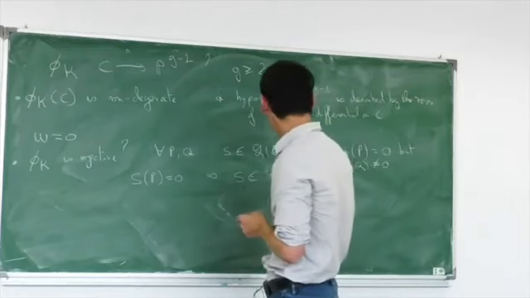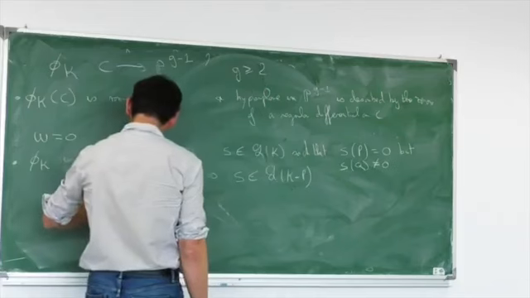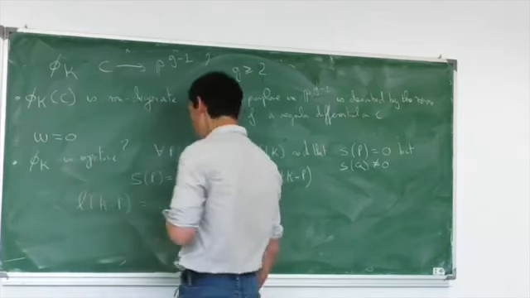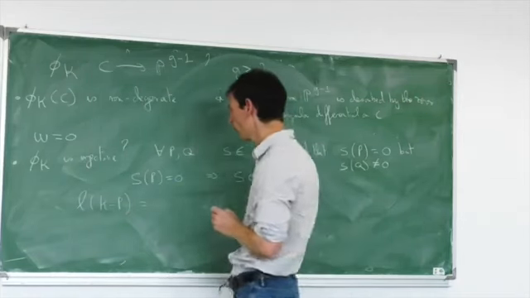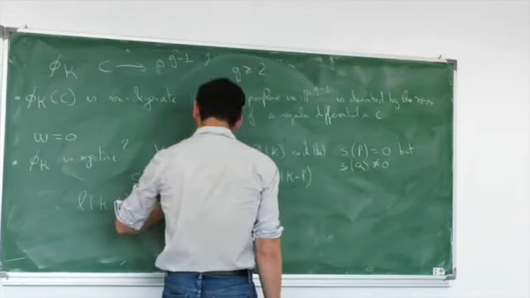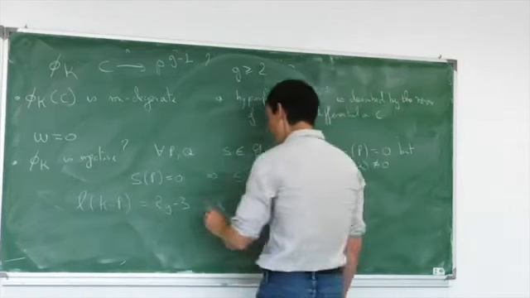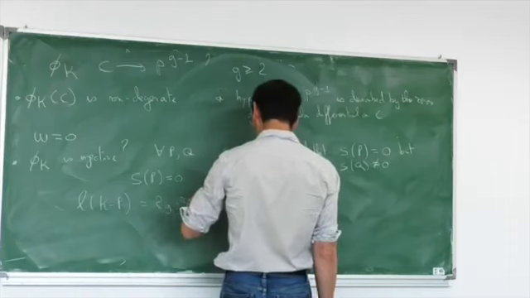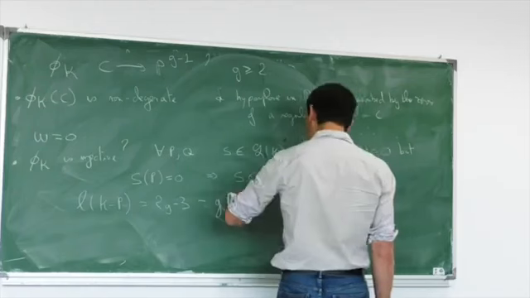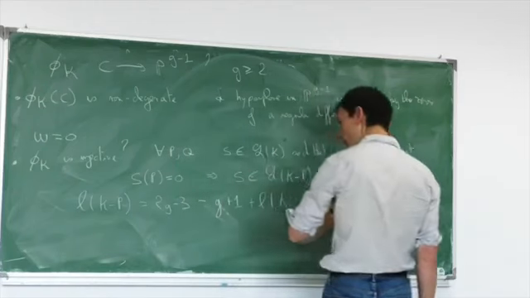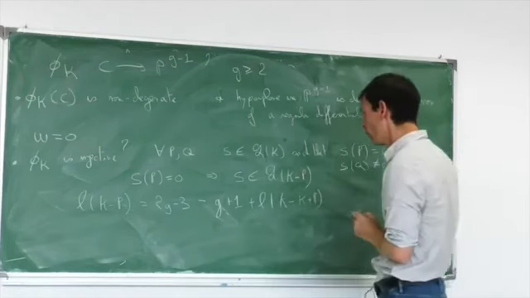What is the dimension of this space? So let's compute it, L of kappa minus P. The degree of kappa is 2g minus 2, so this is 2g minus 3. I'm using the Riemann-Roch theorem: minus the genus plus 1, plus L of kappa minus kappa plus P. So what does it give?